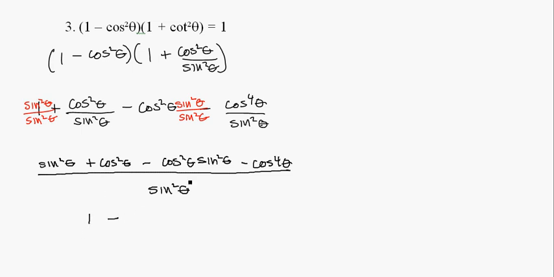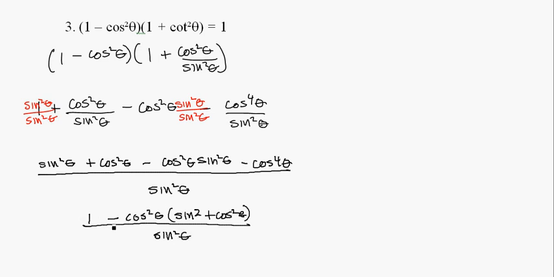So I get 1 minus, now I'm going to take out a common factor here of negative cosine squared theta, and this is equal to sine squared plus cosine squared all over sine squared theta.